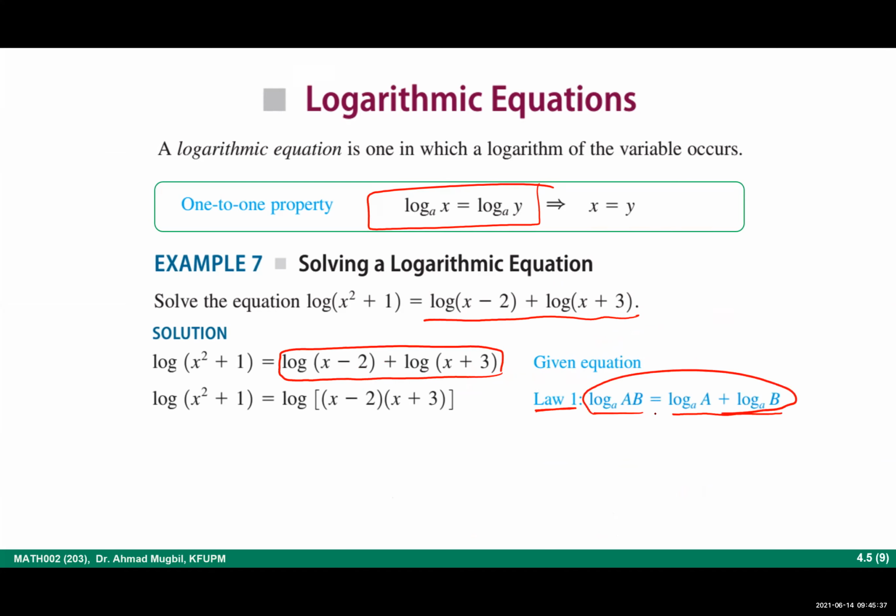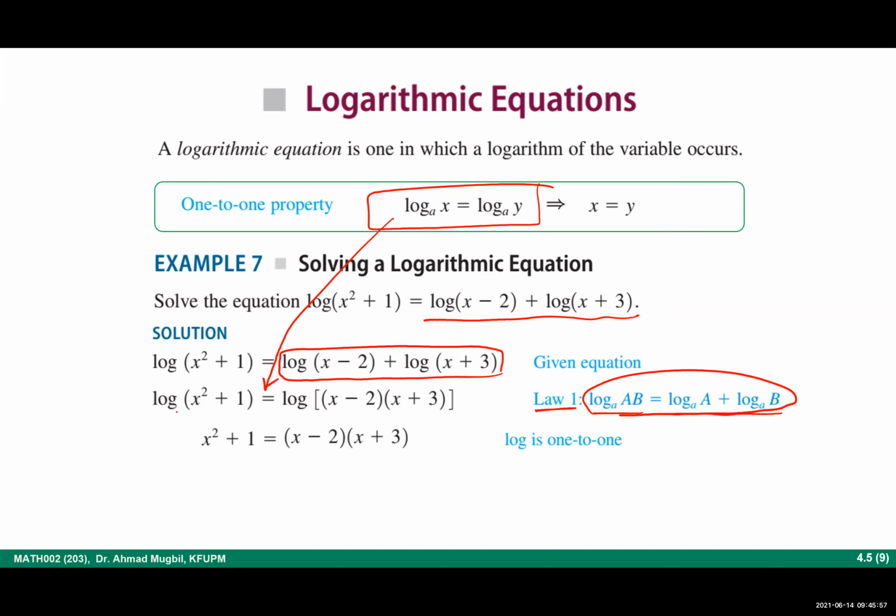Okay, this is law number 1. Now we can apply this property. Here we have log something equals log something else with the same base. Then the two arguments are the same. If two logarithms are equal, then their arguments are also equal.